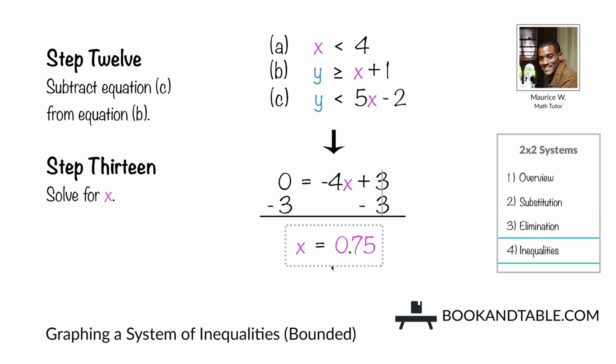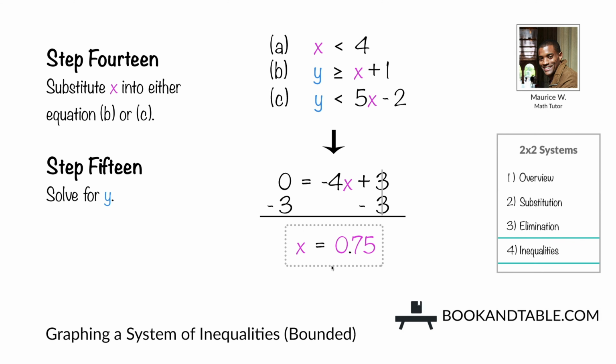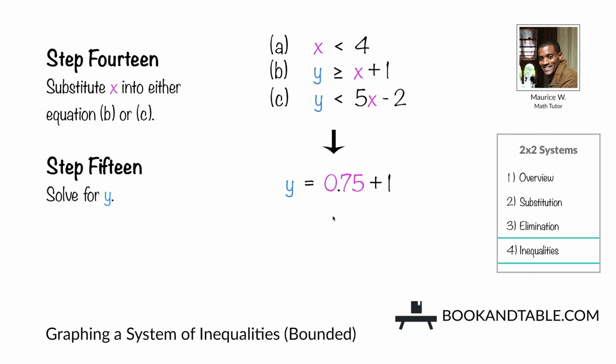So now that we know the x coordinate for the vertex where B and C cross, we can substitute x into either equation B or C and then solve for y. If you plug this into B, you would get 0.75 plus 1, which is y equals 1.75.